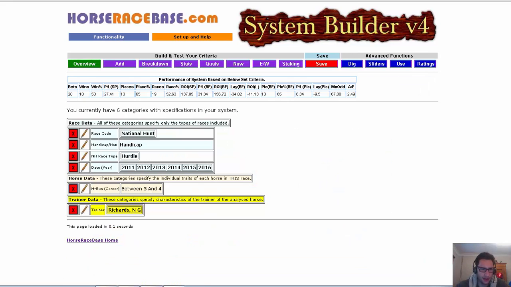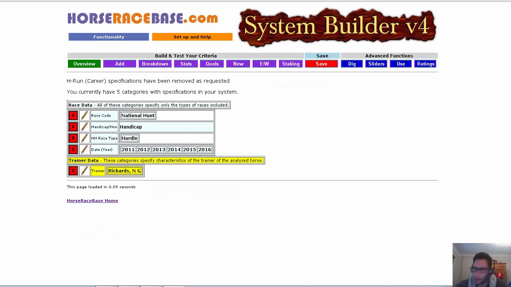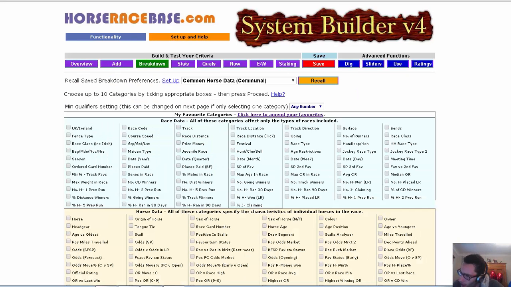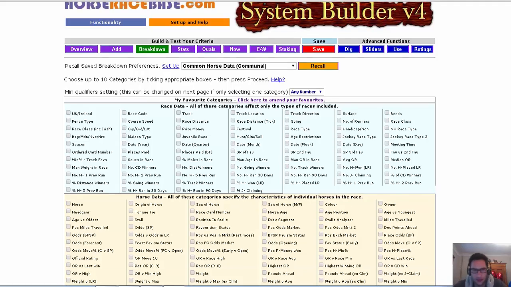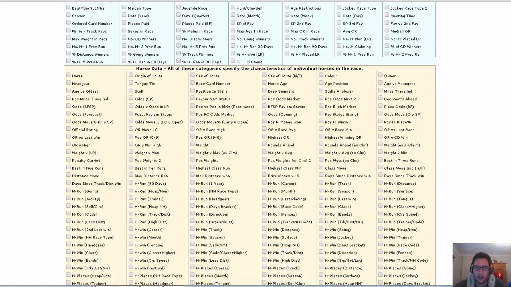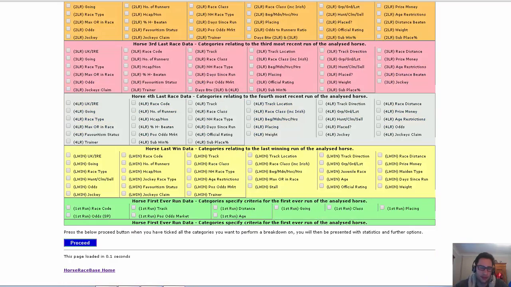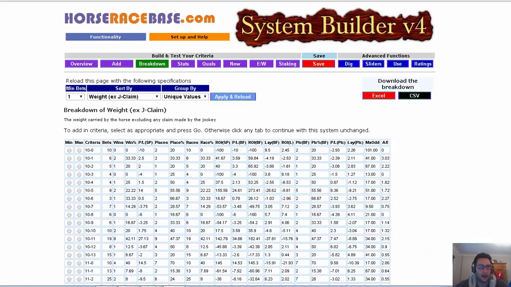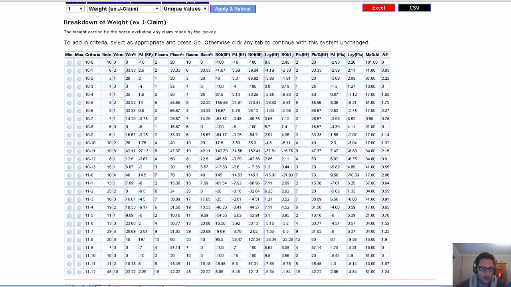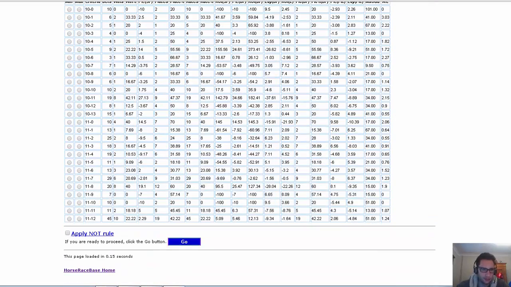So yeah, that's that. I'm just trying to think off the top of my head. I know weight's an interesting one, so let's look at weight excluding jockey claim. Does he do particularly well with top weighted horses? Let's have a look. 11 stone 12, 10 from 45, so they do pretty well there.